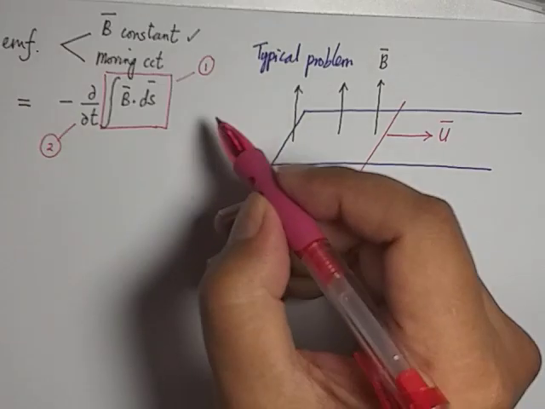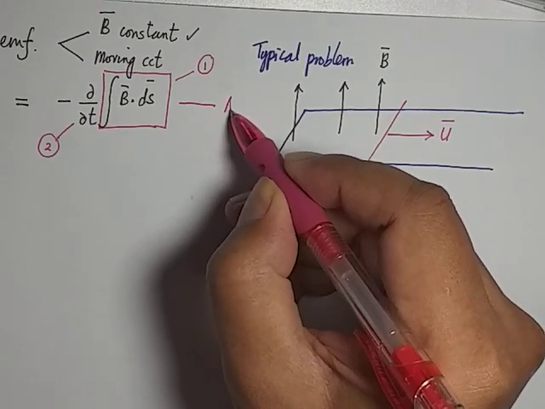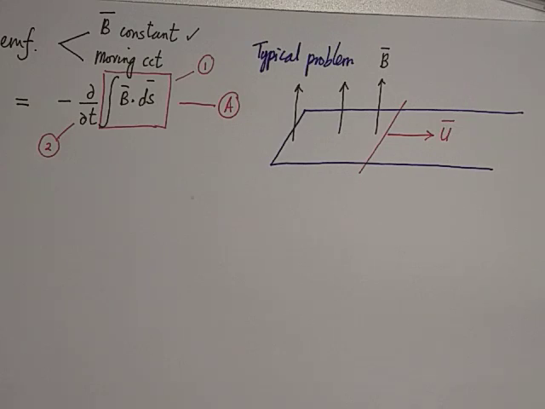Let's say this is our first equation, which we denote as equation A. Now I'm going to introduce equation B, which contains the information of velocity u.